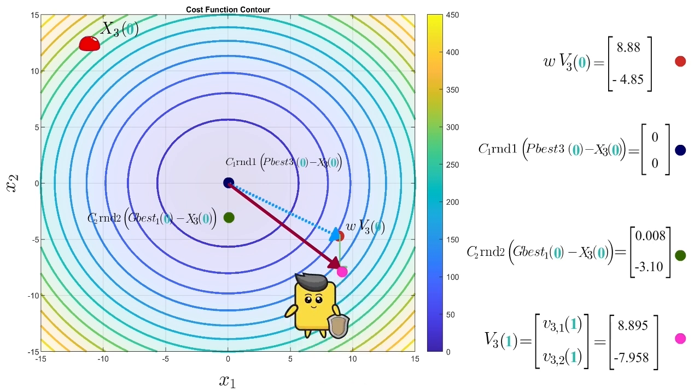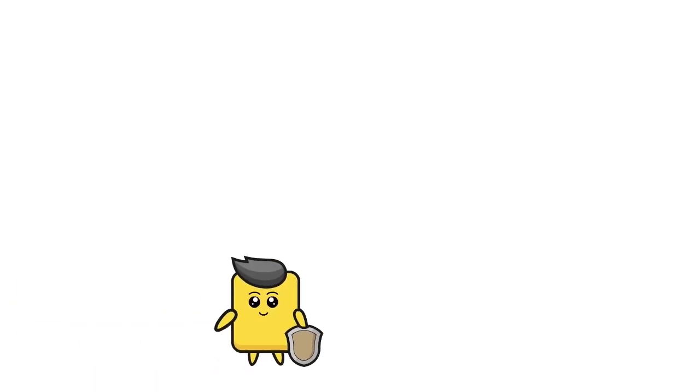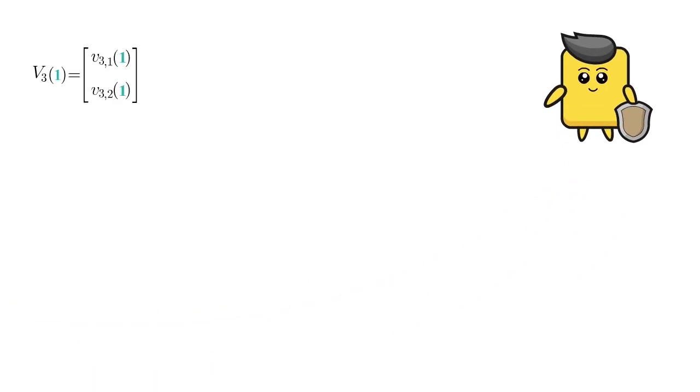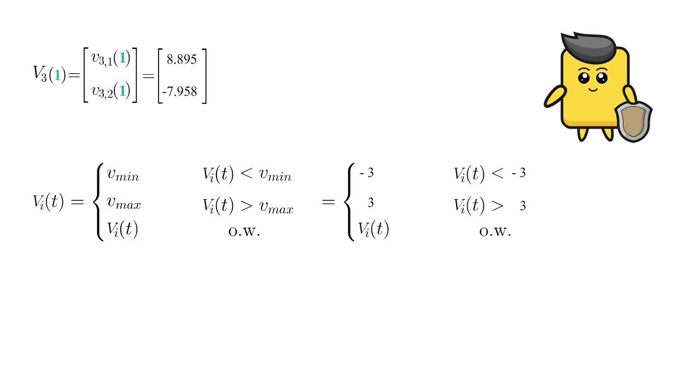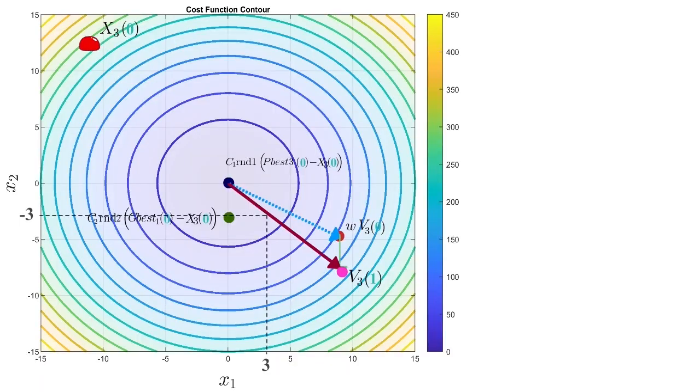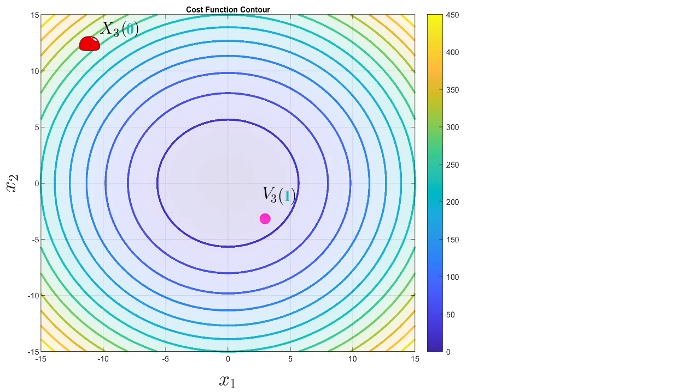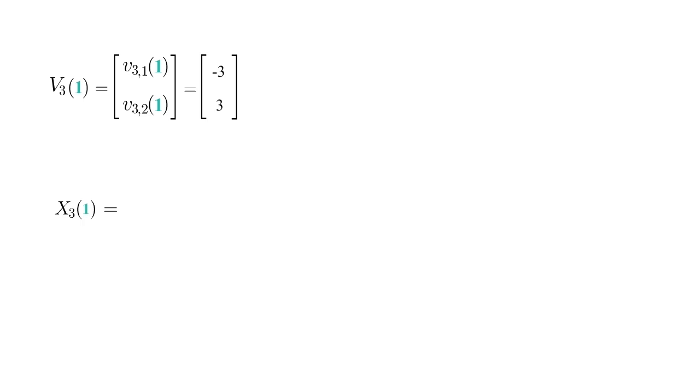Oops! This is not the end of the matter. The new value is outside the allowed range of -3 to 3 and needs to be corrected. According to this condition, the new velocity value is adjusted here. After updating the velocity, it's time to update the position.